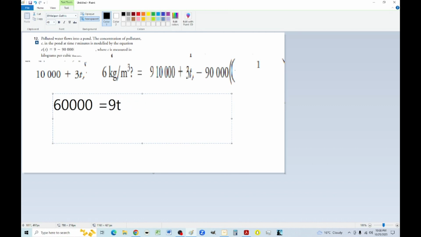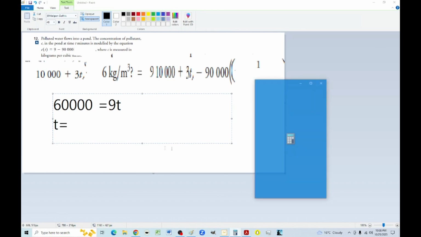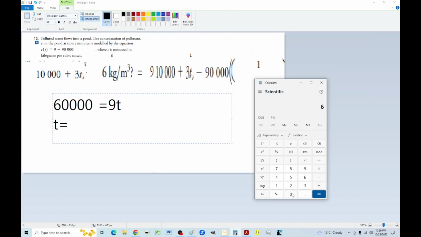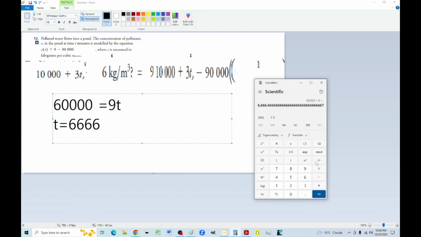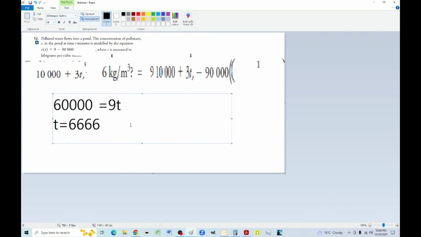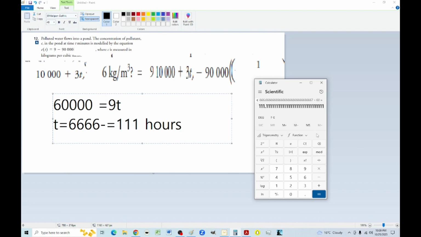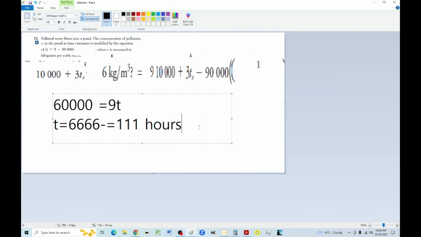And when I divide both sides by 9, I get 60,000 divided by 9. I get 6666666. So that's 666 minutes. You divide that by 60. And that's how many hours? 111 hours. And this is how many days? 4.62 days.